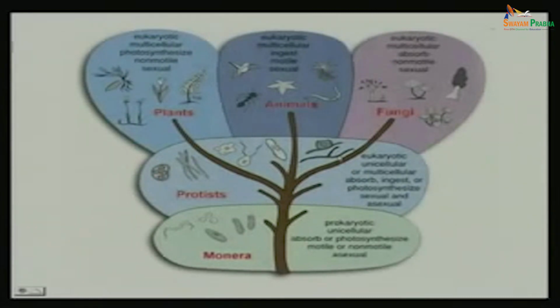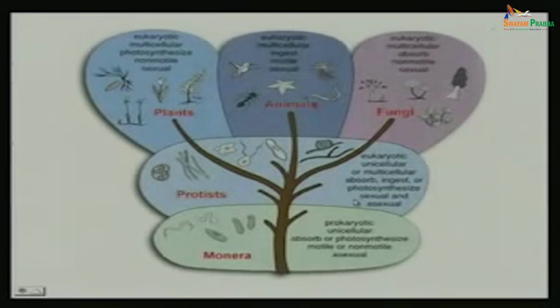Now, as I have already mentioned to you, evolution is one of the indications of life system. So, when all the microorganisms were studied, they have been classified into different kingdoms.